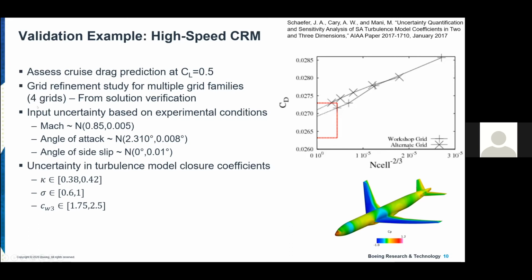We then looked at input uncertainties based on the experimental conditions. Because it was a well-defined experiment, there are fairly small uncertainties in the experimental conditions. And we included those same uncertainties that we'd previously investigated for turbulence model closure coefficients, particularly the von Karman constant, sigma, which is associated with the diffusivity, and Cw3, which is one of the other constants in this Spalart-Allmaras turbulence model.